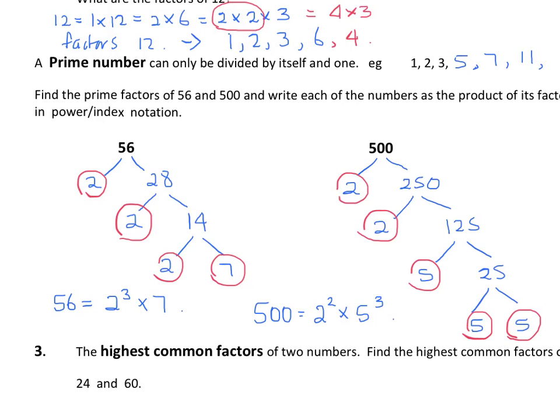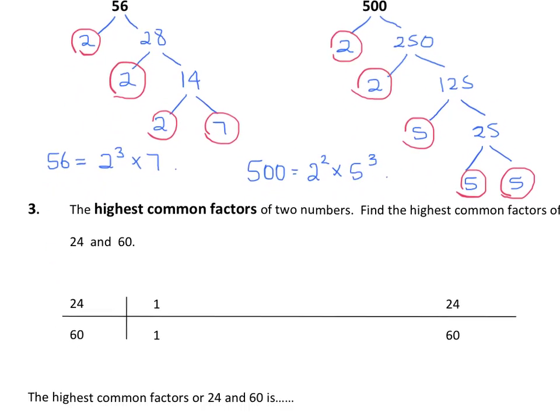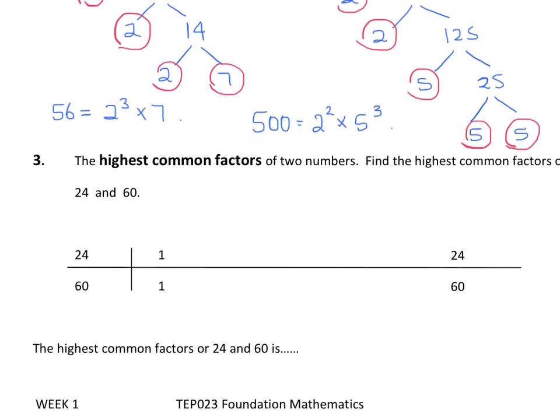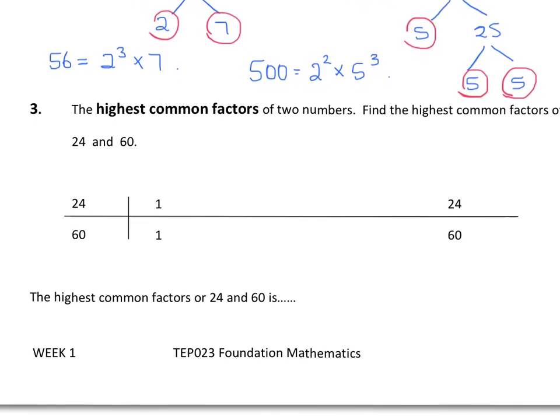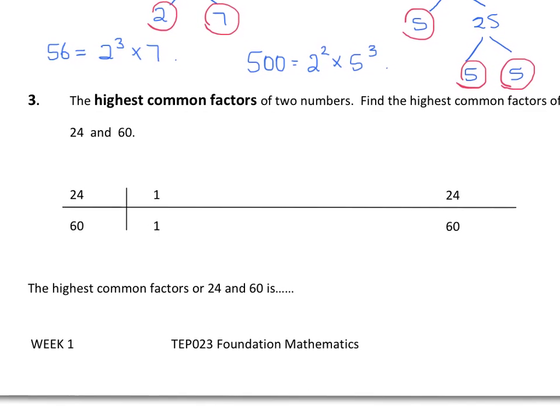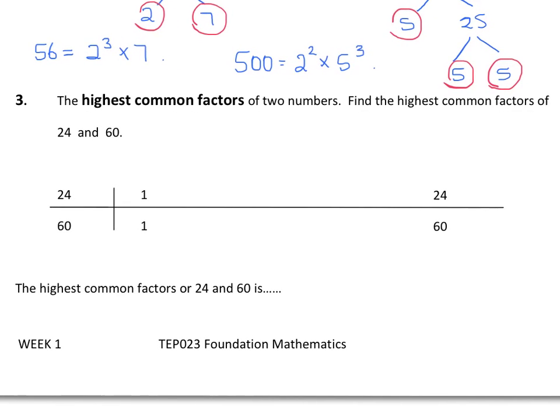And the very last thing we want to do in this lecture is to find the highest common factor of two numbers. So I'm going to show you another way of writing down the factors of two numbers. So for instance, if we take the number 24, 24 is equal to 1 times 24.